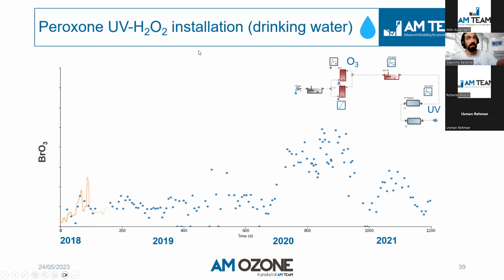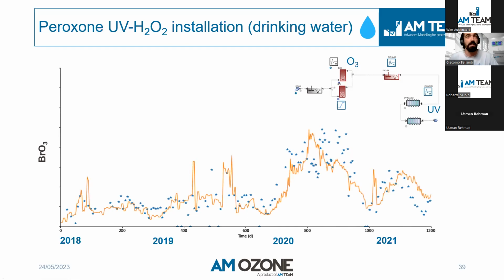What you see in the graph below is measured data, and the yellow line is the simulated, very long time series across years of experimenting with the installation.